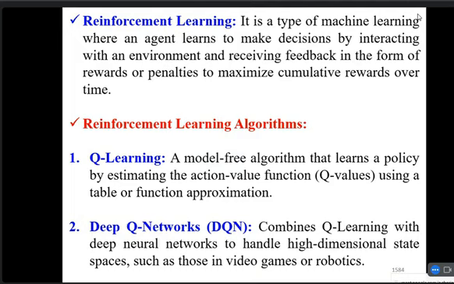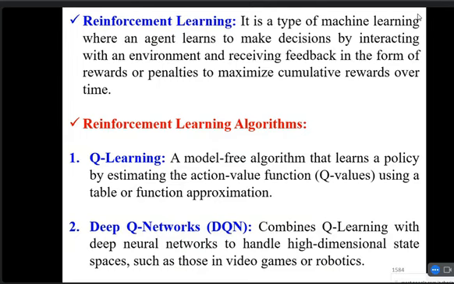It is a model-free reinforcement learning algorithm that learns a policy by estimating the action value function, that is called Q values, using a table or function approximation. Deep Q networks combine Q learning with deep neural networks to handle high dimensional data.